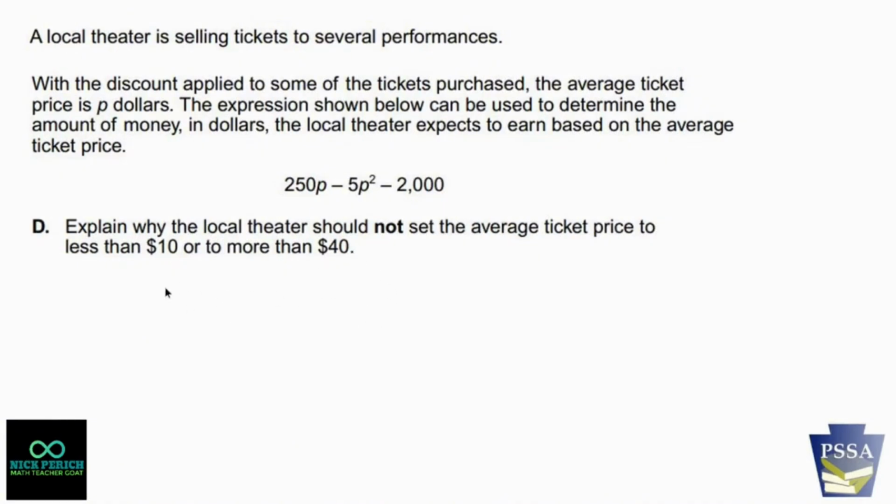So let's do less than $10 and see what happens. Why don't I pick 0. I'm going to let P equal 0, which is less than 10. So I'm going to rewrite this and do 250 times 0 minus 5 times 0 squared minus 2,000.